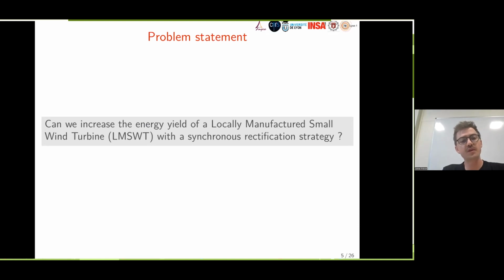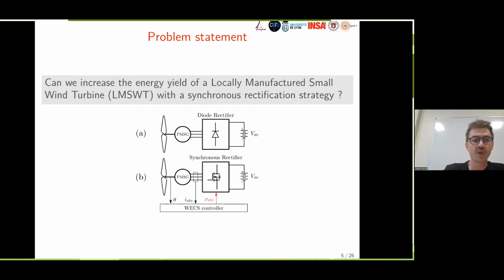So here is the problem statement. Today, can we increase the energy yield of locally manufactured small wind turbines with a synchronous rectification strategy? So here is our approach. The goal is to compare these two strategies with a fixed battery voltage, testing an identical generator with two different rectifying strategies, the passive rectifier and the synchronous rectifier.